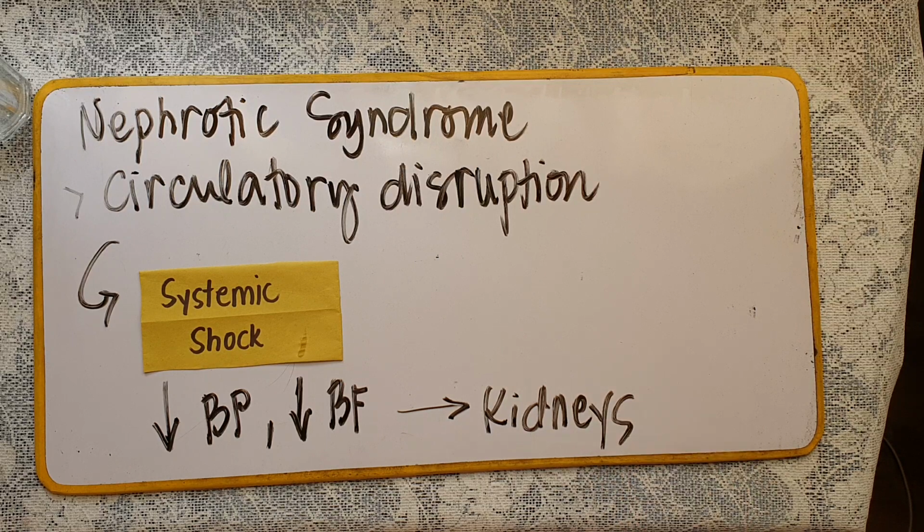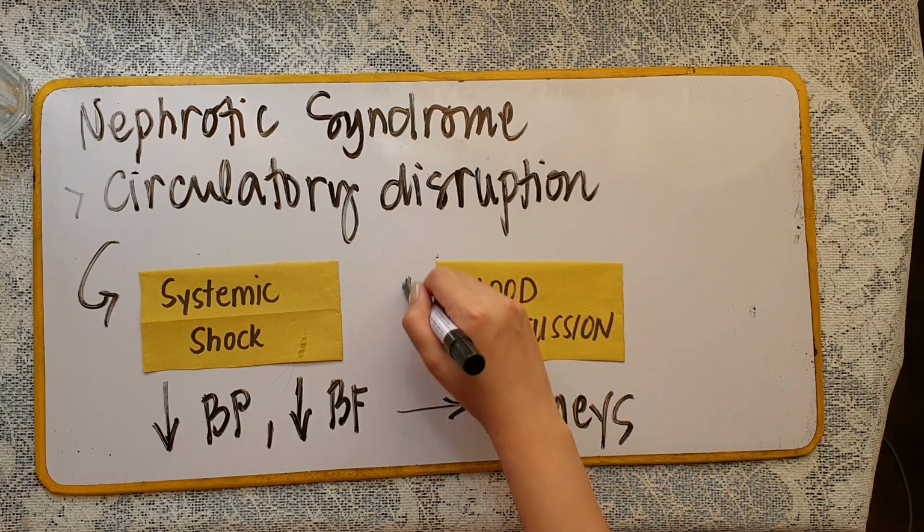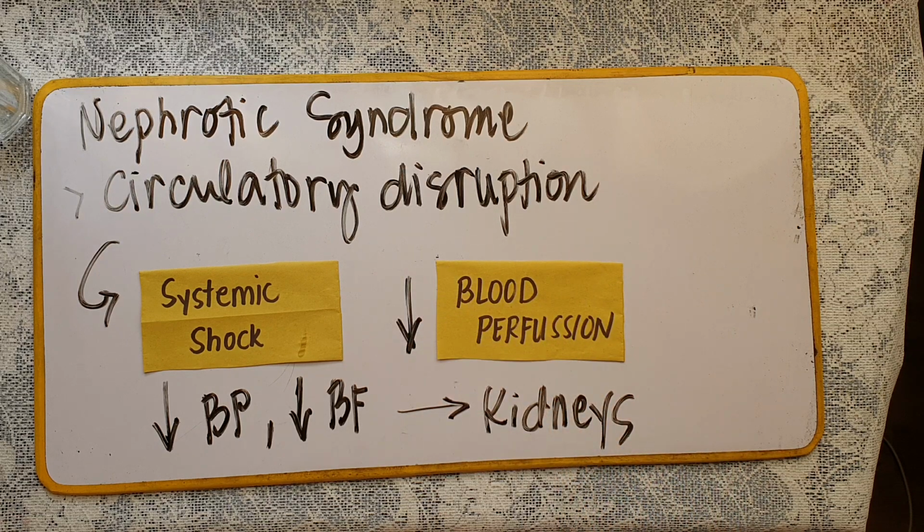There would be decreased blood supply to the kidneys, or what we call blood perfusion. With decreased blood perfusion going to the kidneys, it would cause damage to the kidneys.